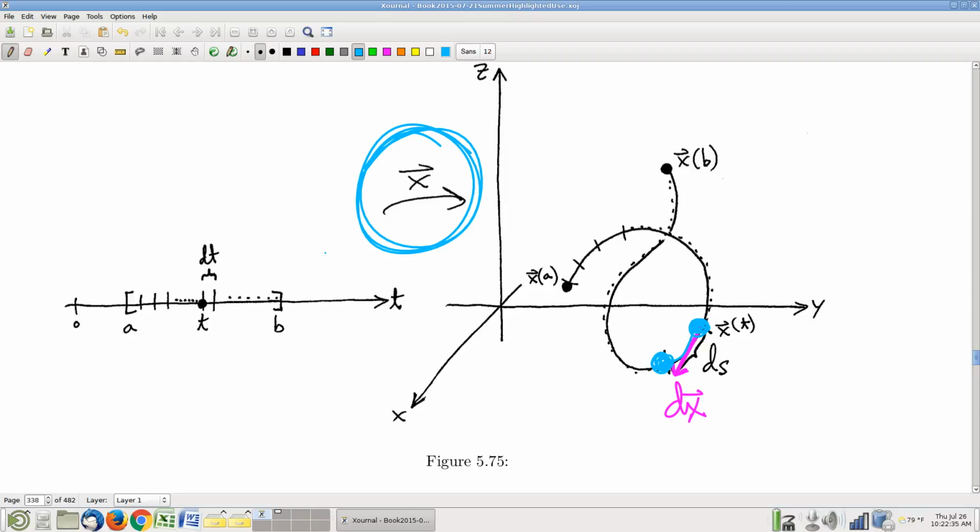So this dx vector is a vector that's tracking this little piece of curve. It's not exactly the same as the little piece of curve, but it's going in the same direction, at least initially. The length of it is based on the speed we were going; the actual speed might vary a little, but probably not very much. So the length of this vector should be about the same as the length of the little piece of curve. It's just that the curve might pull away a little bit.